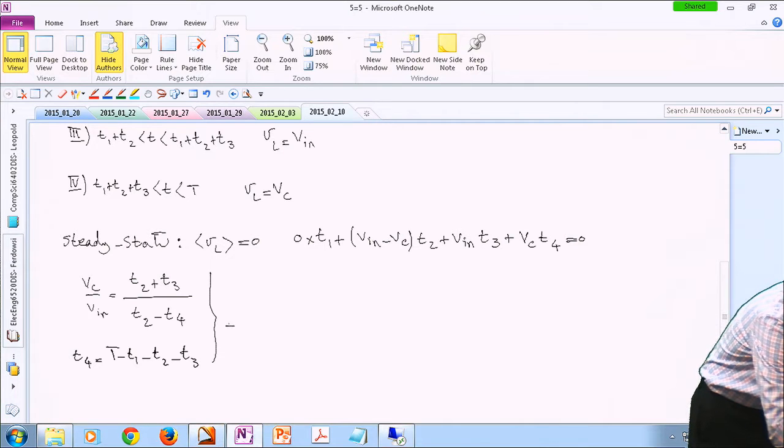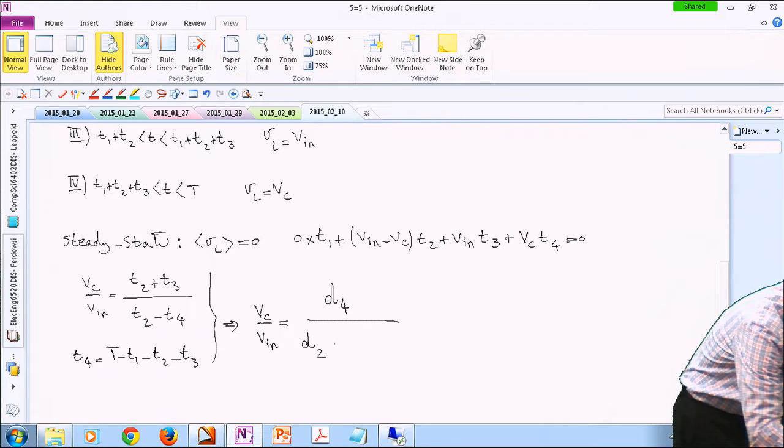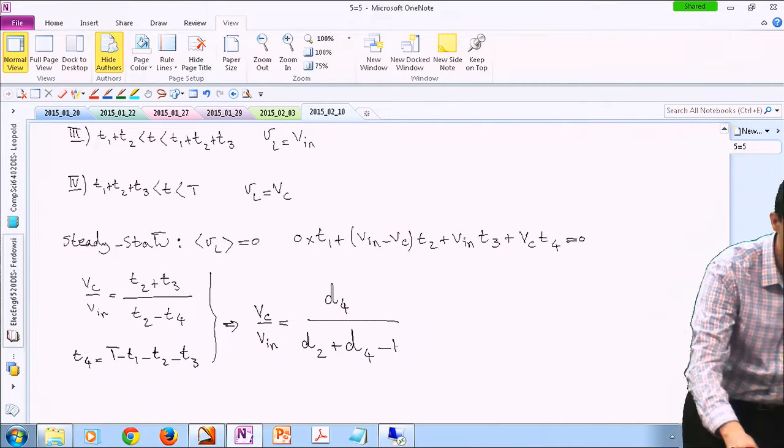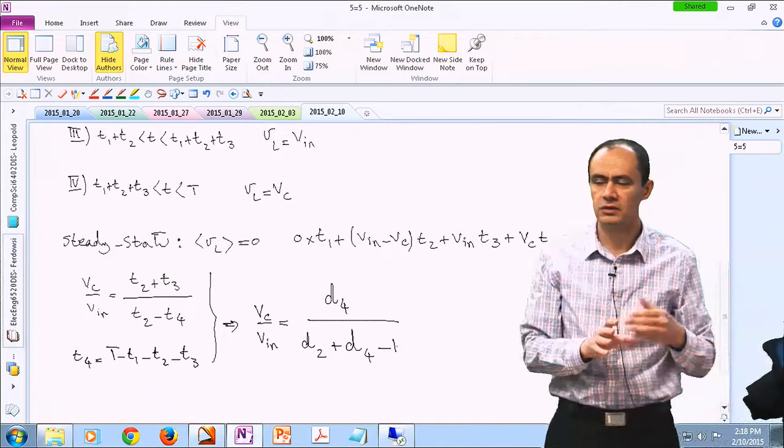So kind of combining all these equations, you will end up with something like this.